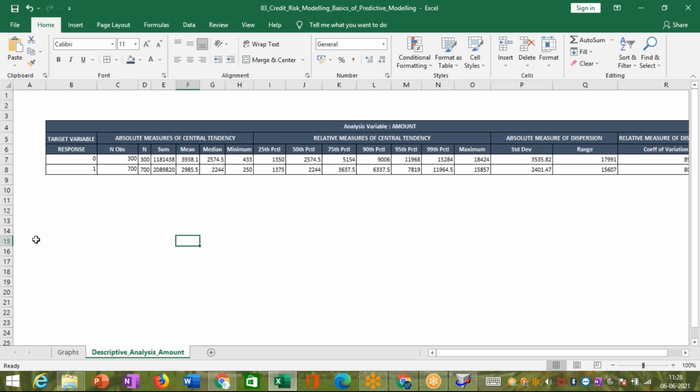Now, the question is how do I, or what information will this give me actually? So let's have a quick look into this. The first thing is the mean of the 0 versus 1.